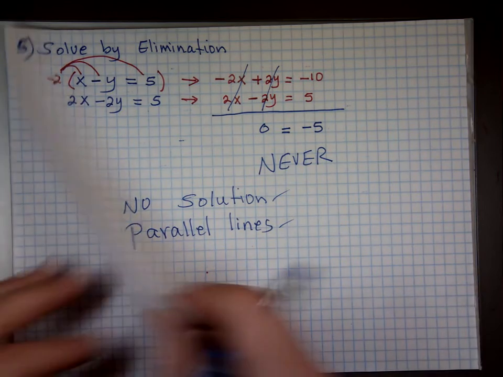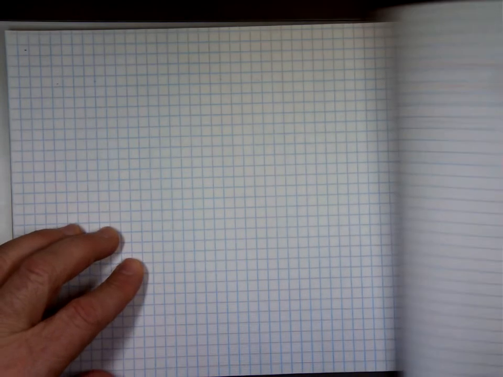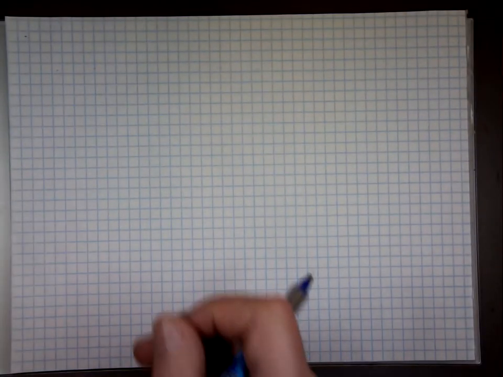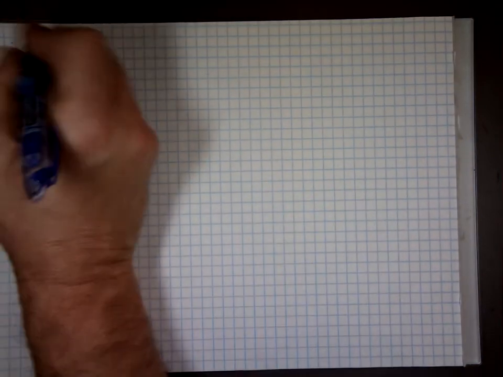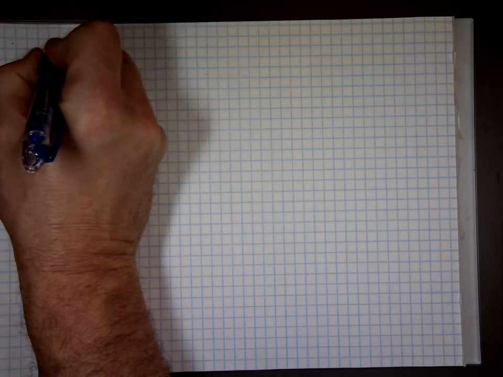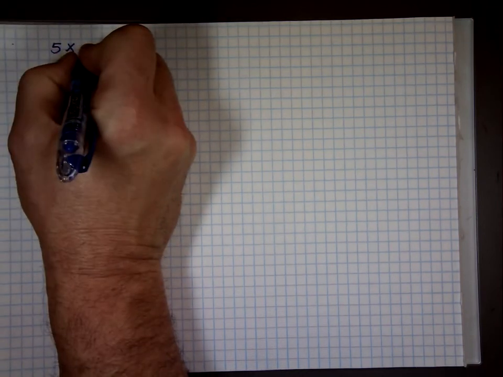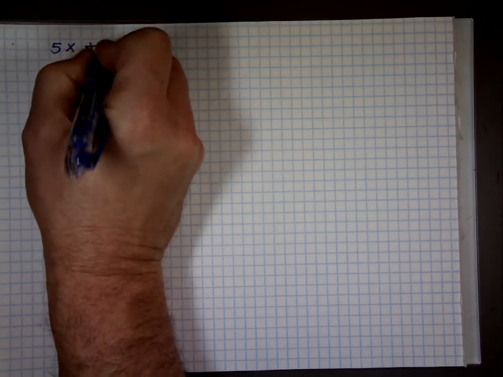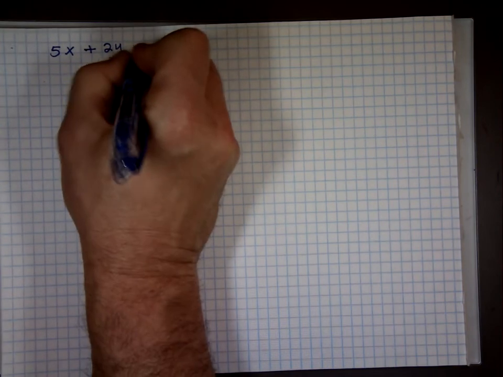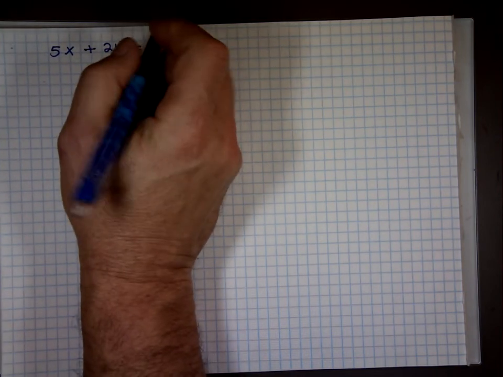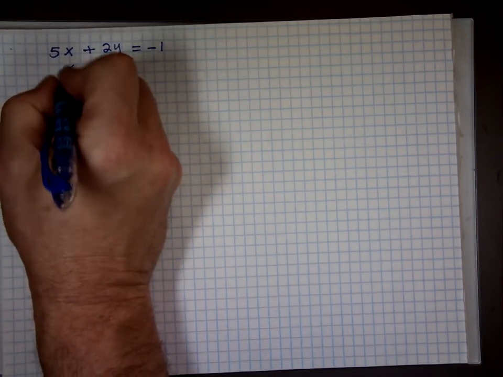Less work, by the way, for these. I kind of like them a lot. Let's take one. You have to put a lot of work into it. 5x plus 2y equals negative 1. X minus 1 equals y.